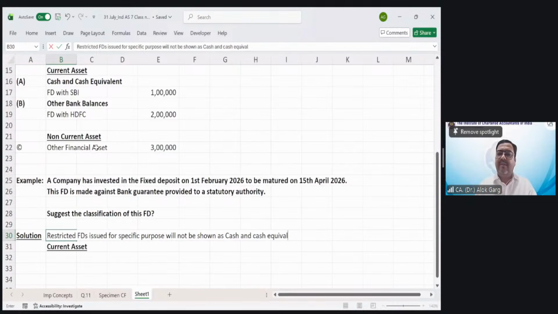The restricted FDs mean FDs which are issued for a bank guarantee. So these are not cash and cash equivalent. These have to be shown under other bank balances. These are the guidance given in the standard.